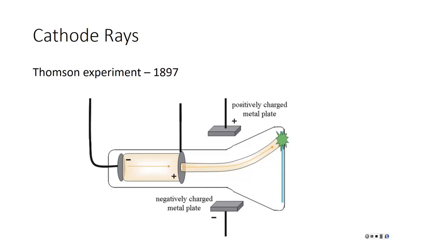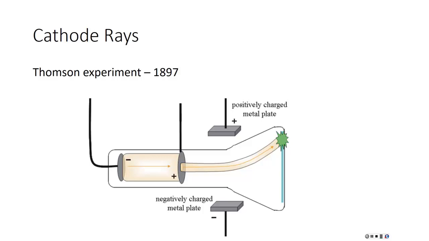The tube was actually coated with something, and that's how you could see them as they were going through there. So they were zipping through there, and then once he put a magnetic field close to it, he saw that these particles bent towards the positive plate. So some sort of particle was leaving the metal, and it was curving towards a positive plate.